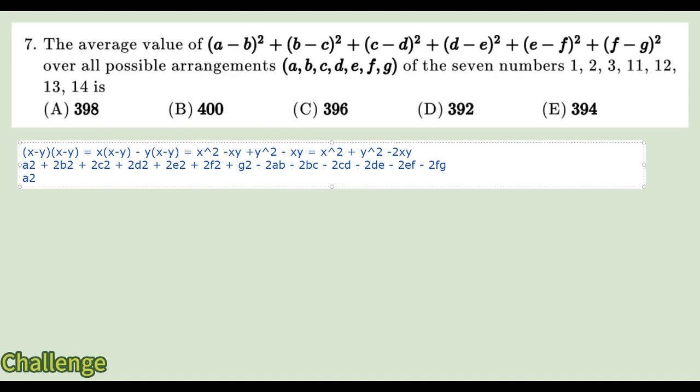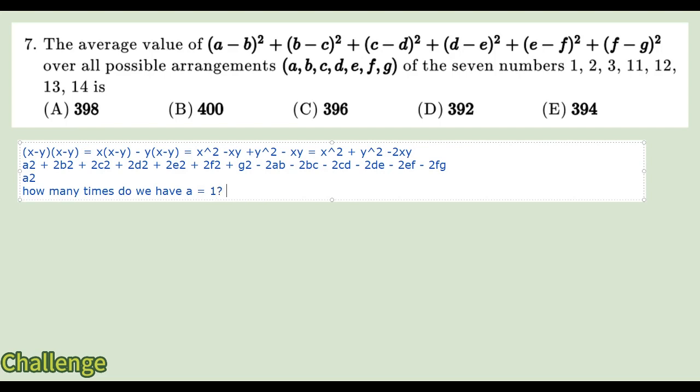Okay, so first off, let's take a value, like let's take a squared. If we take the value a squared and we look at all of the possible numbers it can iterate through, we know that a squared can be 1, 2, 3, 11, 12, 13, or 14. And now the question is, how many of each do we have? So how many times do we have a equal to 1?